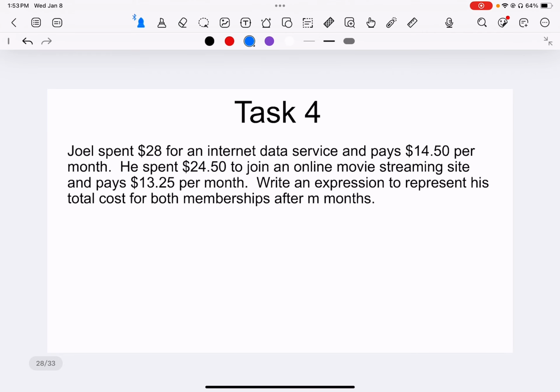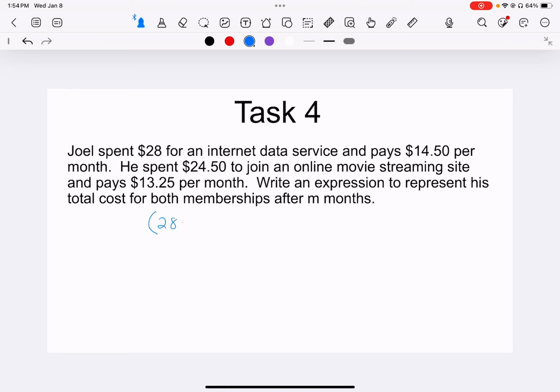And task 4. Joel spent $28 for an internet data service plan and pays $14.50 per month. He spent $24.50 to join an online movie streaming site and pays $13.25 per month. Write an expression to represent his total cost for both memberships after m months. So for the internet data service plan, we're going to group that in parentheses.